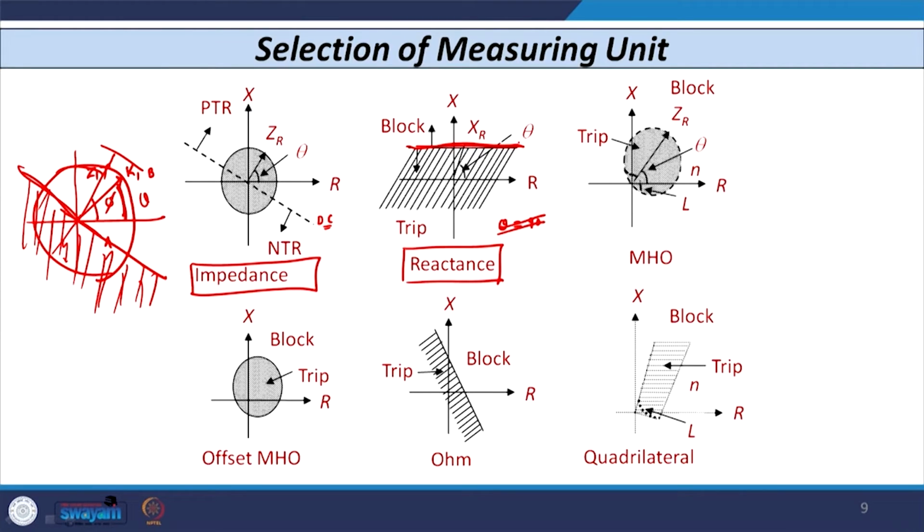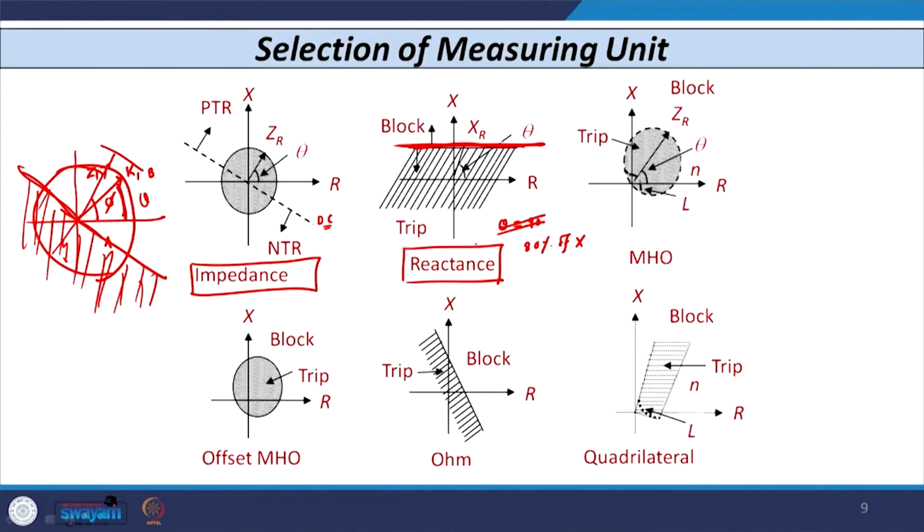Now, when you consider that it measures only reactance, this line is nothing but 80% of the X value, or the inductive reactance part of the transmission line. Whatever primary impedance of the transmission line is given, you take 80% of X, and that is the set value, X set, of the reactance relay.